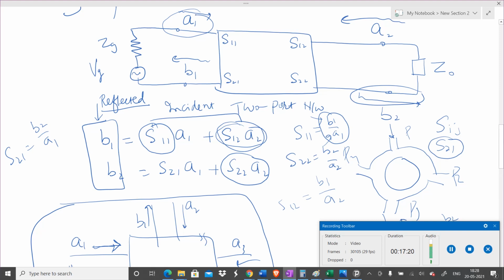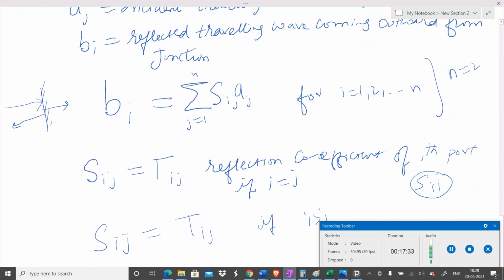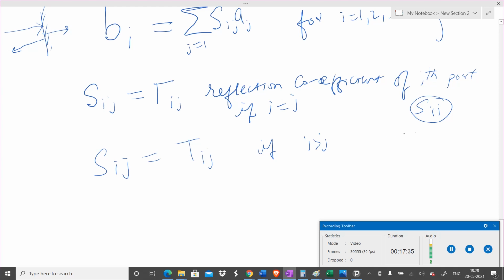A1 is the incident wave, B2 is the outward wave coming out of this 2-port microwave circuit. So wherever you have Sij with i greater than j, like S21, S32, S42, these are all related to forward transmission.